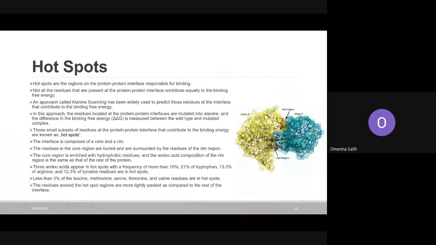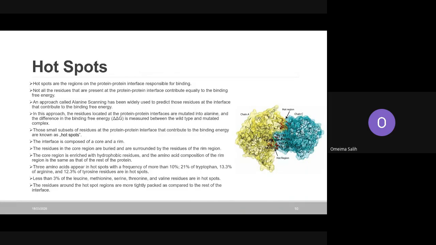If it still goes into interaction after the replacement with alanine, then the replaced amino acid is not responsible for binding, because even without its presence, it goes into interaction. This process we call alanine scanning. So those small residues at the protein interface that contribute to the binding, we call hotspots.